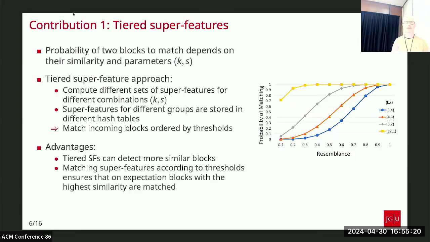Then if I don't find anything, I compare with the orange line. And if this is not working, I go back to the gray line and try to find the rest. What this helps us with is that, of course, first, we find all the really good matches, because in the first round of our algorithm, we do exactly what the rest of the state of the art is doing.